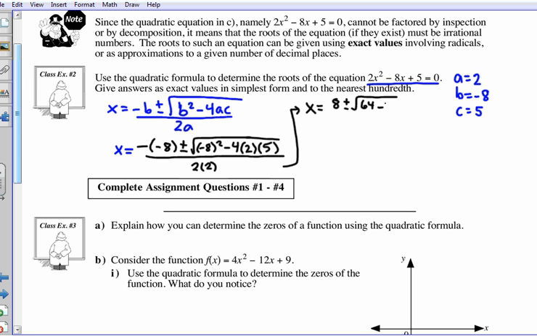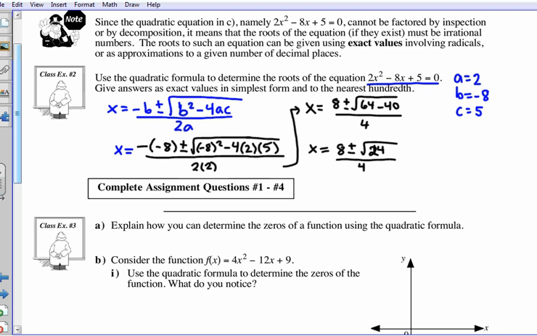So negative 40 is 4 times 2 is 8, 8 times 5. All over 2 times 2, 4. So x equals 8 plus or minus the square root of 64 minus 40, which is 24, over 4.